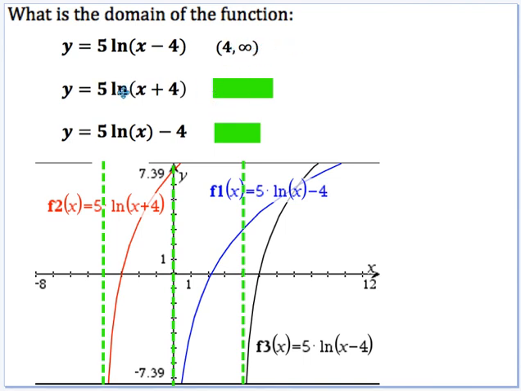The next one is my red graph, and this time it's at -4, so it goes from -4 to infinity. And this one is the blue one, and my asymptote is at the origin, so it's going to be 0 to positive infinity. Notice I'm using parentheses each time.